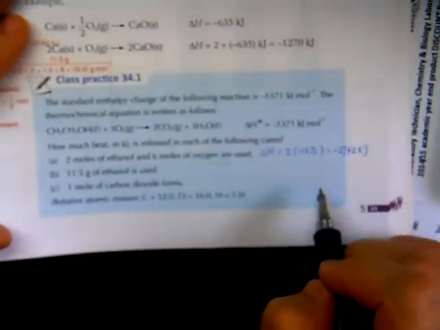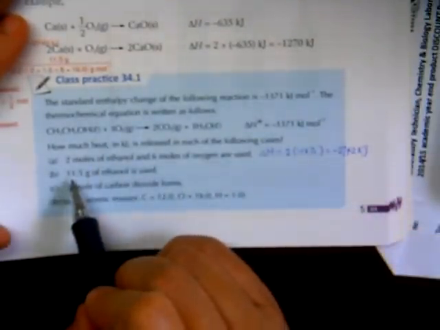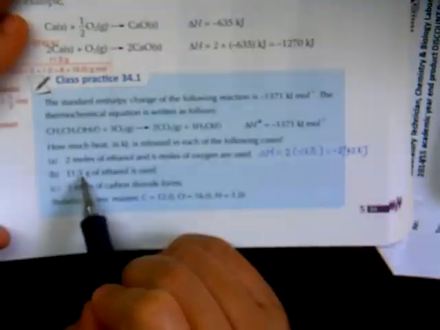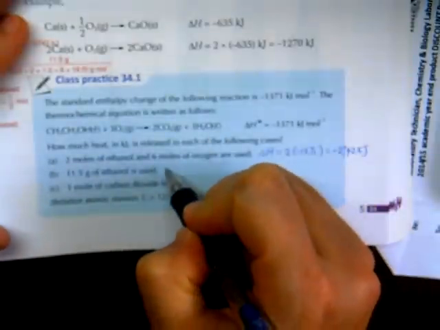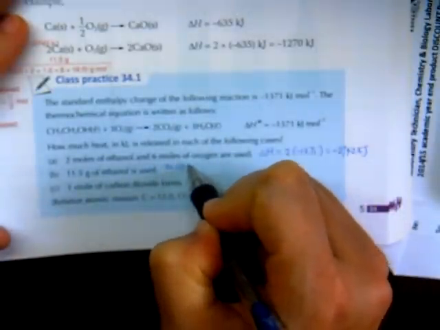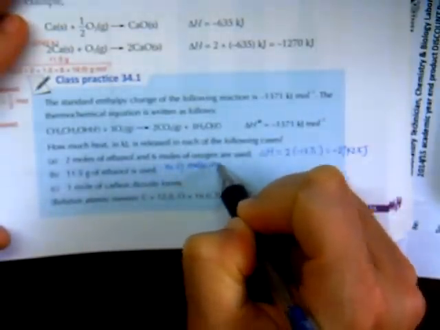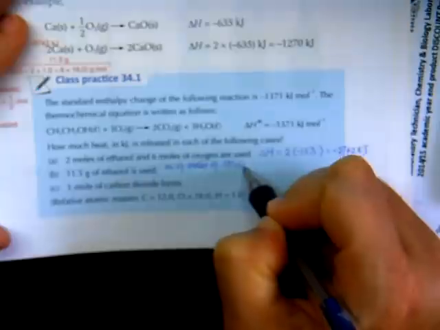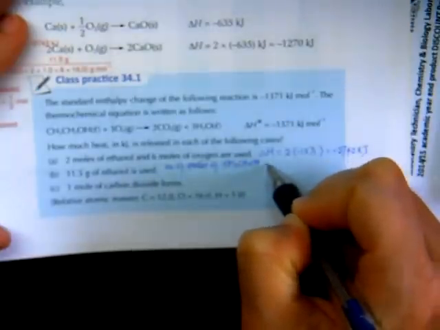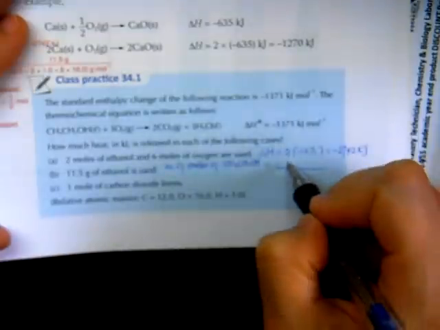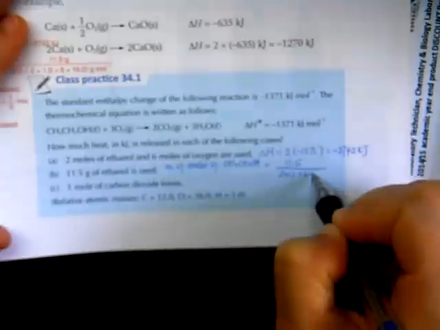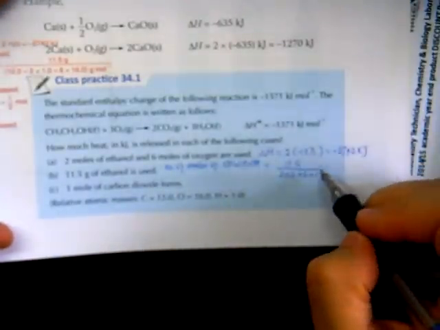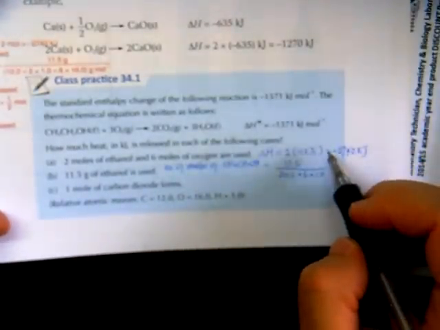Do you understand? How about when 11.5 grams of ethanol is used? First of all, you must work out the number of moles of ethanol. Number of moles of ethanol is equal to the mass of ethanol over molar mass of ethanol. Use your calculator.